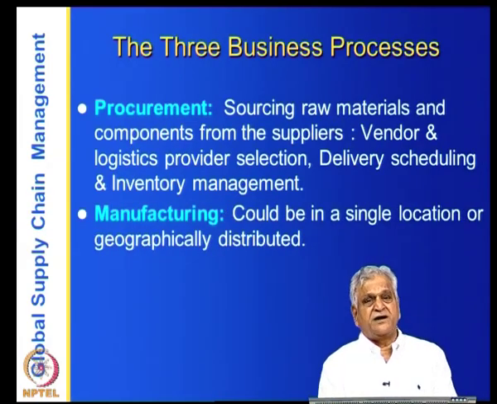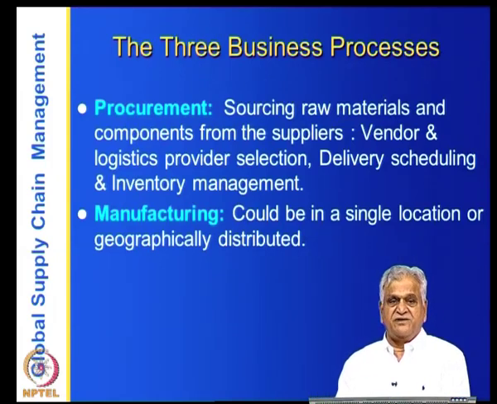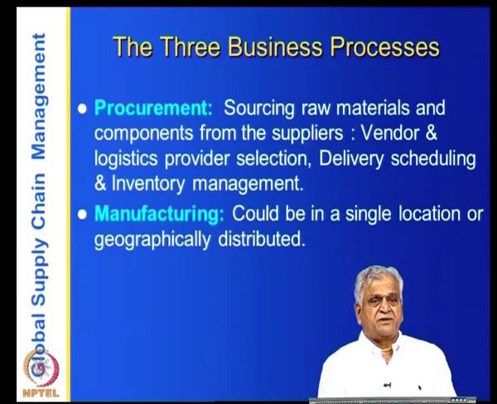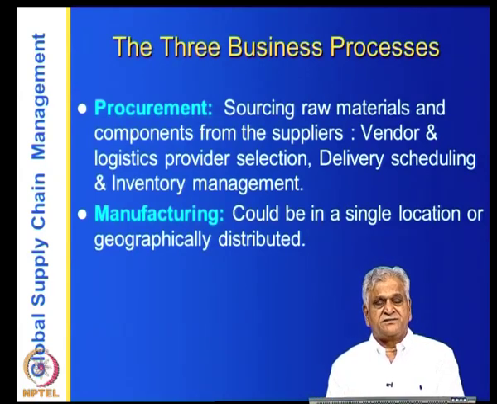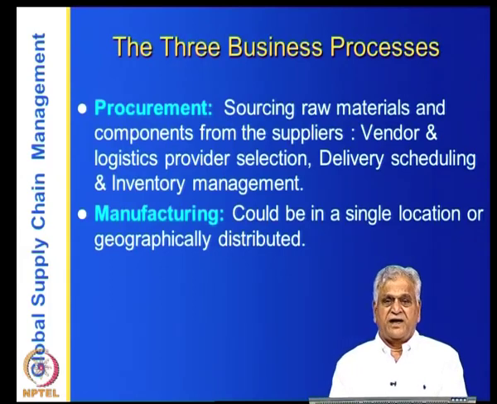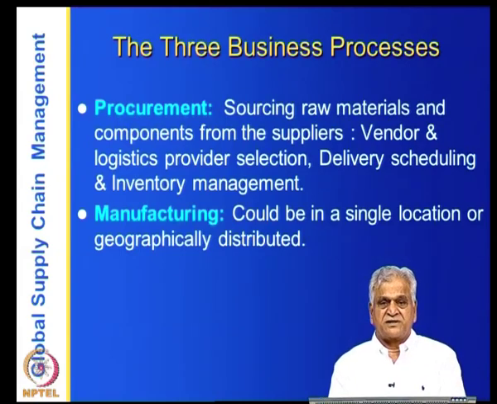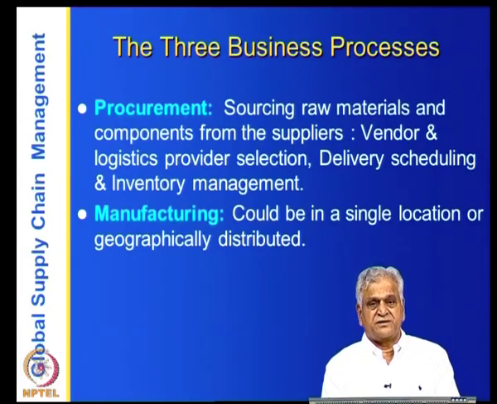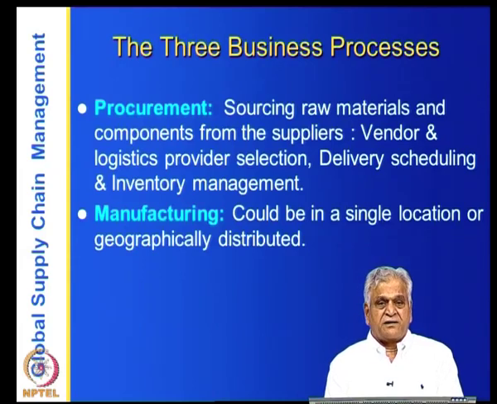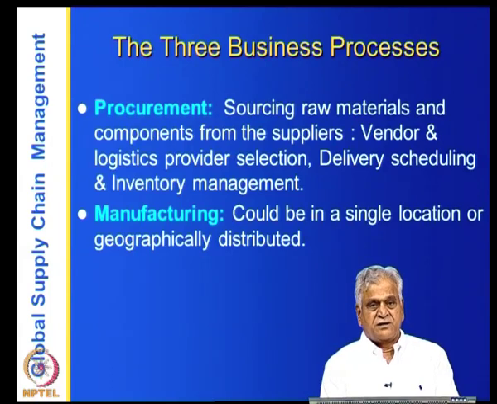And the second business process is manufacturing. This manufacturing could be in a single location or it could be geographically distributed. It means that you have companies like Flextronics, they have a factory in Chennai, they manufacture cell phones or various other things like laptops and so on, but it could be a single location or it could be a multi-plant location.